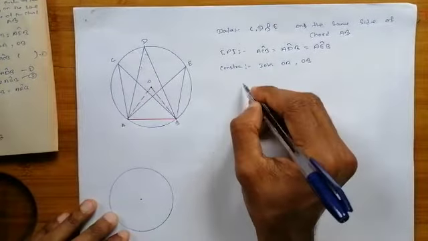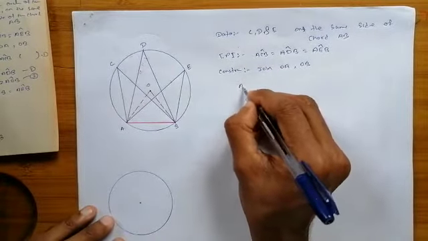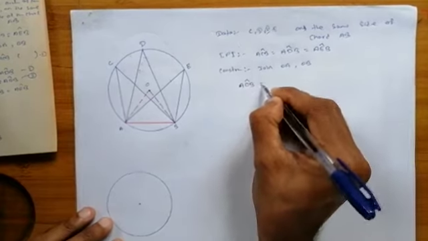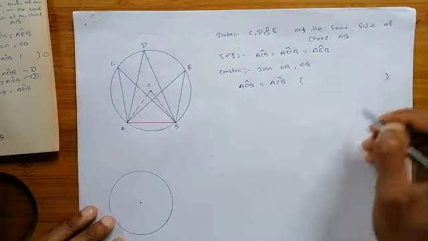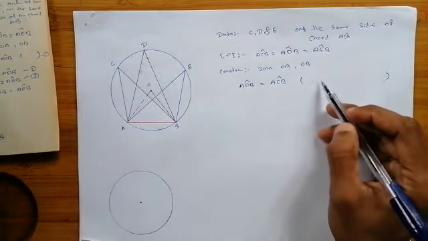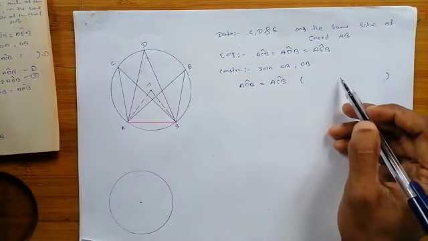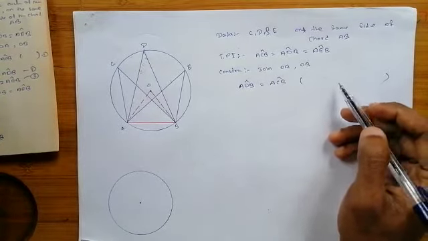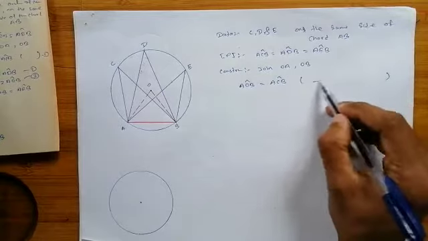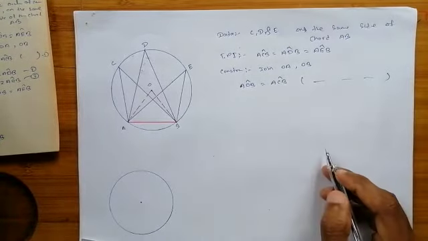So we are going to write the first theorem. AOB is equal to 2 ACB. You can write the theorem: angle subtended at the center is twice the angle subtended at the remaining part of the circle by the same arc. Write the entire theorem.